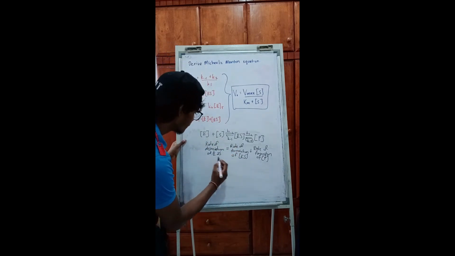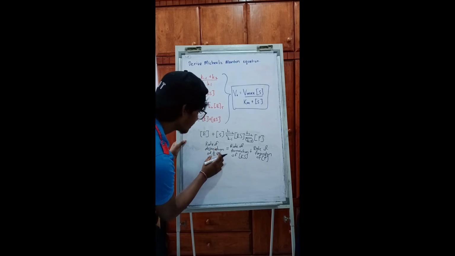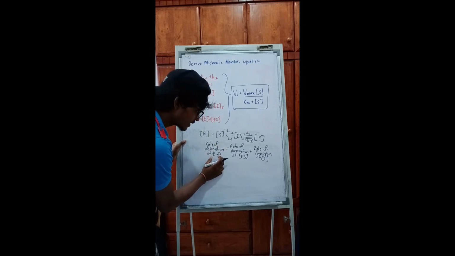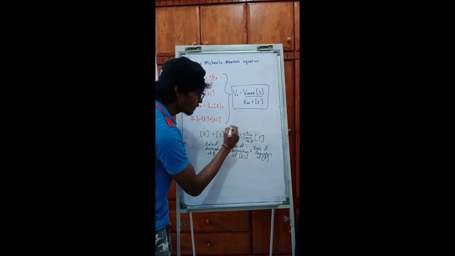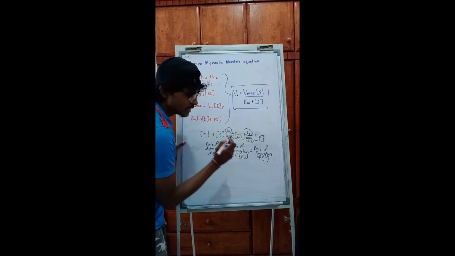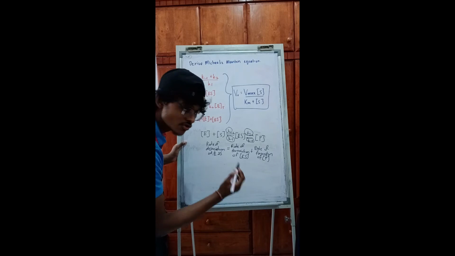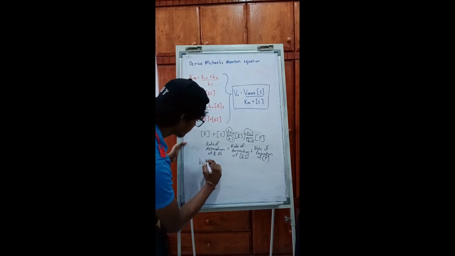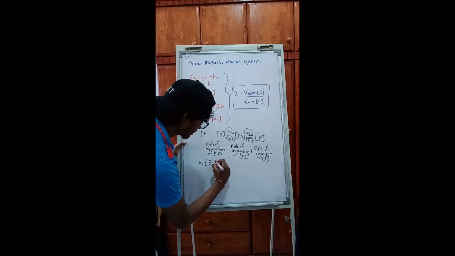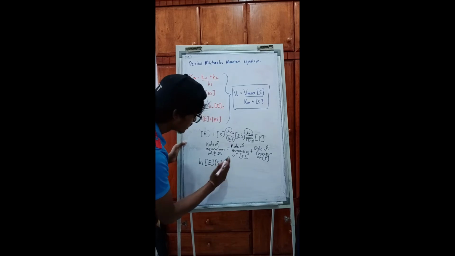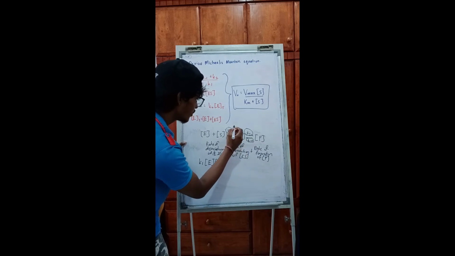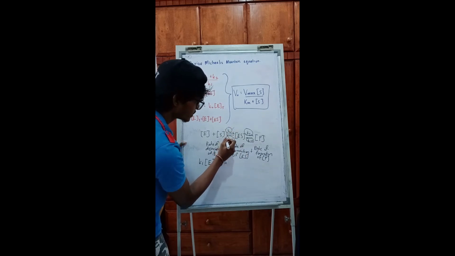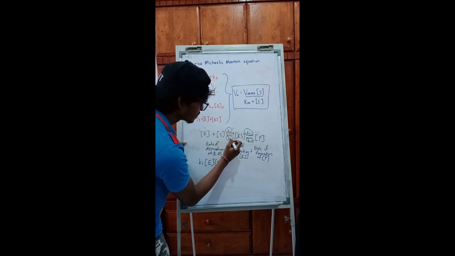How can we make this into a numerical equation? The rate of dissociation of E and S means the rate of formation of enzyme substrate complex. First of all, we have to use K1, K-1, K2 in the equation. So the equation looks like this: K1 rate constant times enzyme concentration times substrate concentration, these are the reactants, equals the rate of formation of enzyme substrate complex. We have already used the K1 rate constant, and now we have to use K-1.